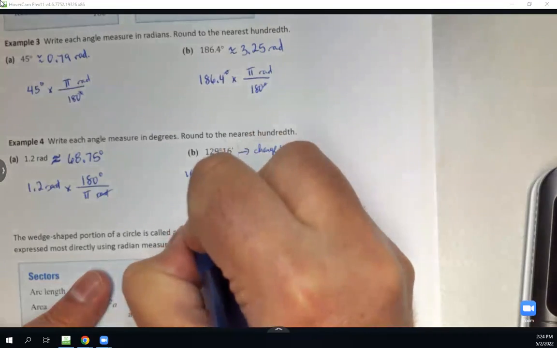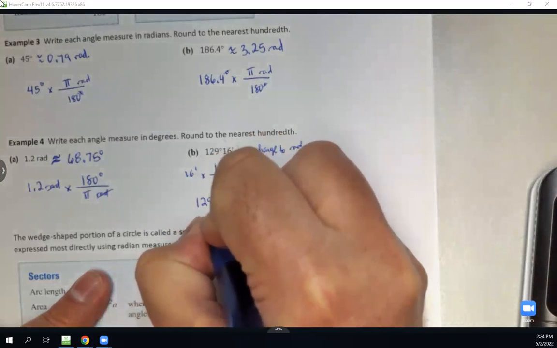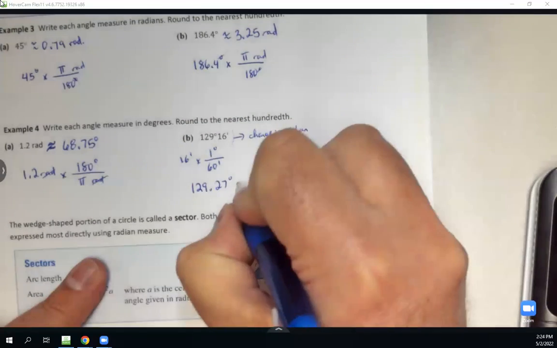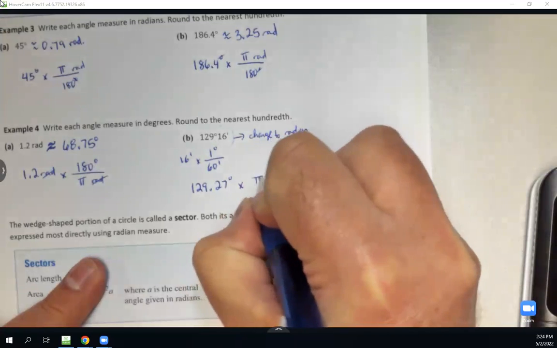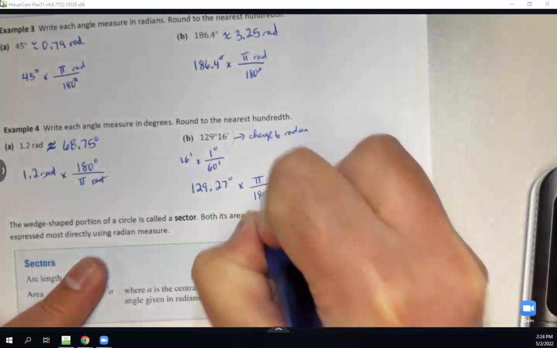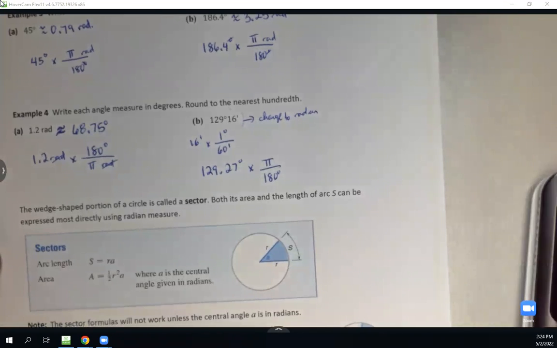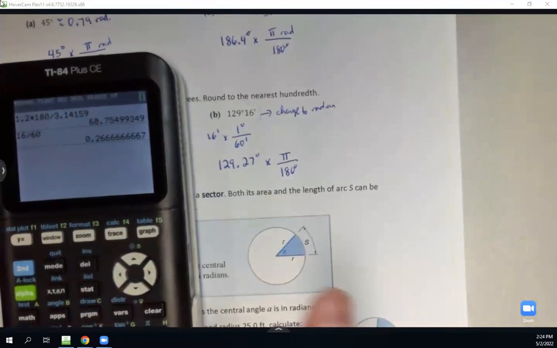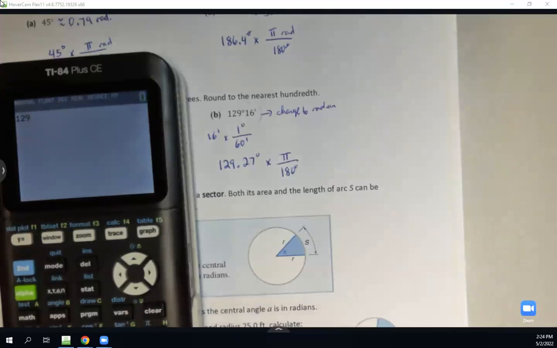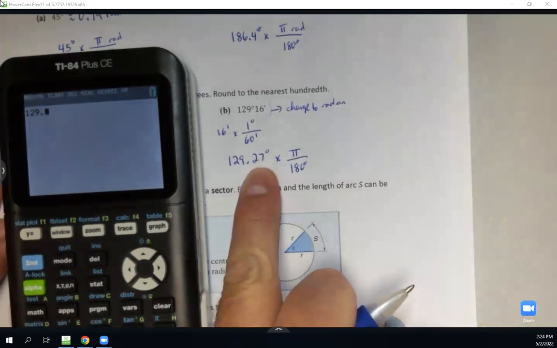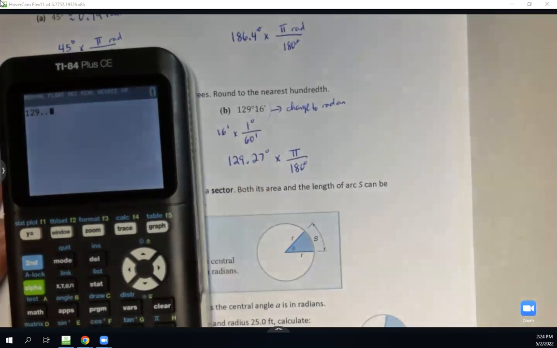Okay. So if I have 129.27 degrees, and if I want to convert that to radians, then I'm going to multiply by pi radians over 180 degrees. Now when I converted the 16 minutes, that was really 0.26666 repeating.